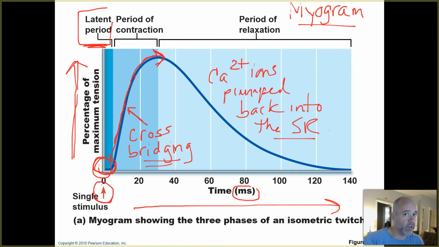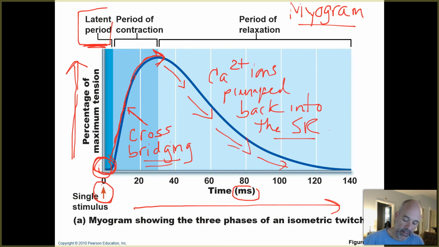If you don't keep releasing more calcium, more and more calcium ions are going to come off of the troponin, which allows the tropomyosin to slide back over those binding sites on actin, and your cross bridges break. So gradually you lose your muscle tension.